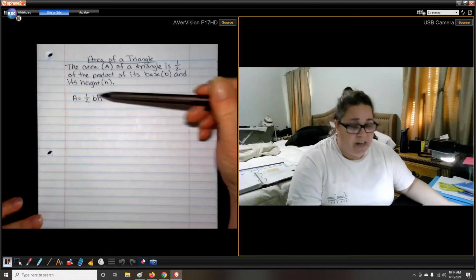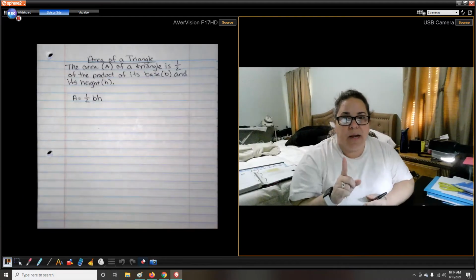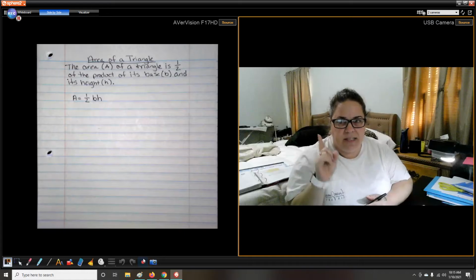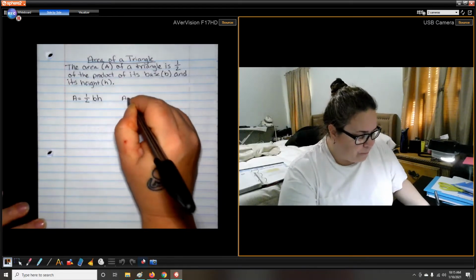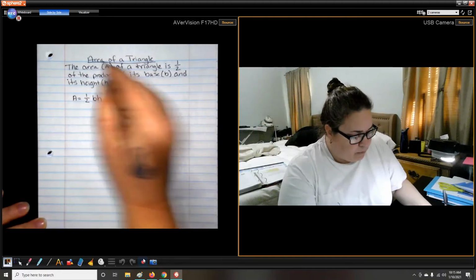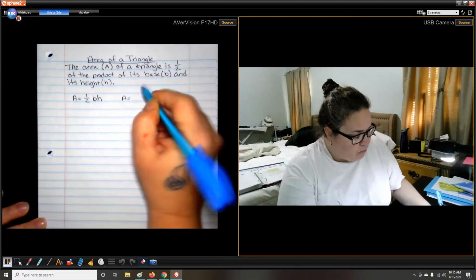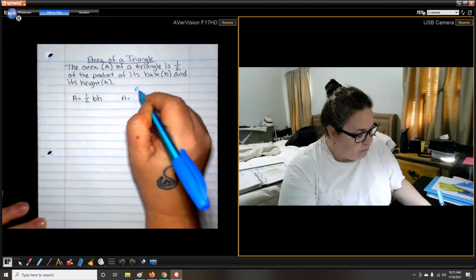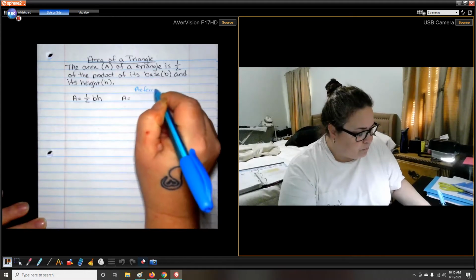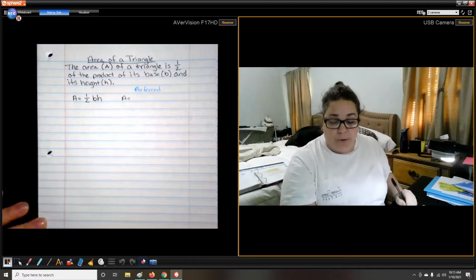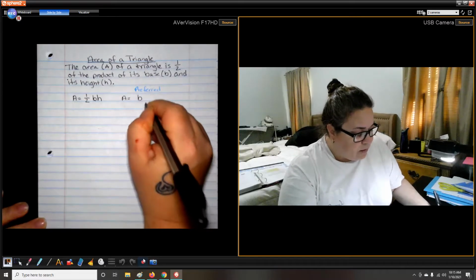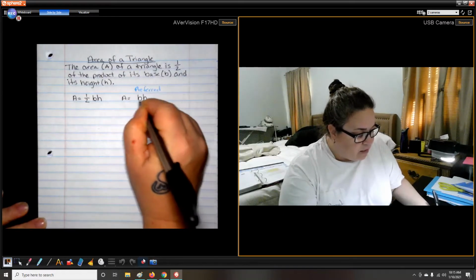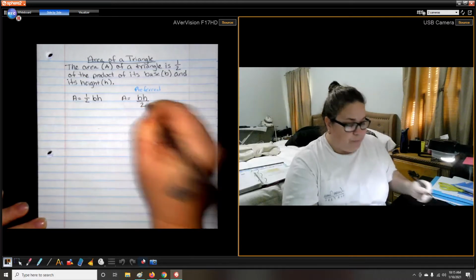So you could write it this way, but the way that we like to write it the best is this way, okay? This is the preferred way. So I'll write preferred right here. Okay, preferred way. Area equals base times height divided by 2.